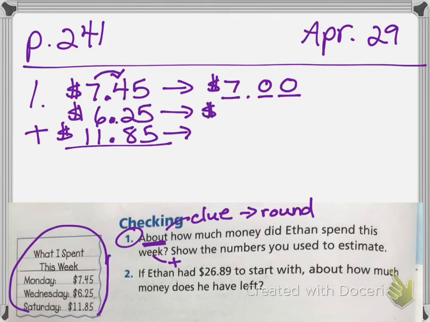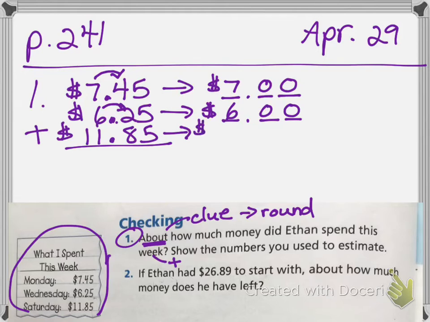Let's look at the next one. We have $6.25. Is that closer to $6 or is that closer to $7? Look at the 2. Pause the video, write down your dollar amount. Yes, 2 tells us to round down, so that is closer to $6. Okay, would have to be over 50 cents to be closer to $7. And let's take a look at this last one, $11.85.